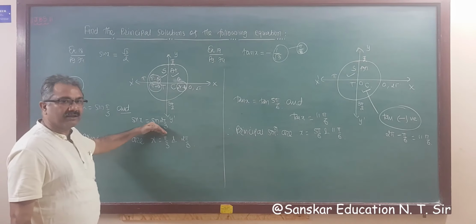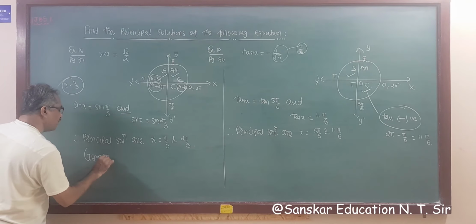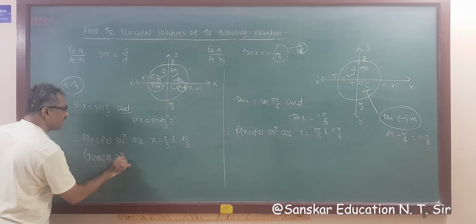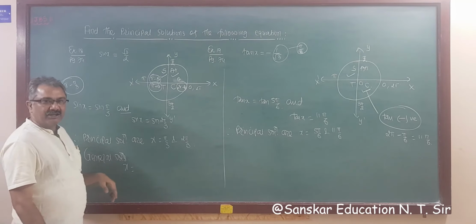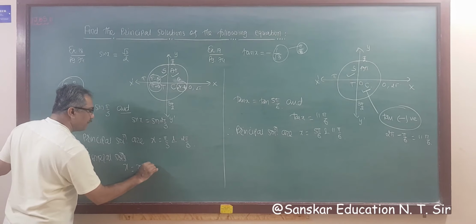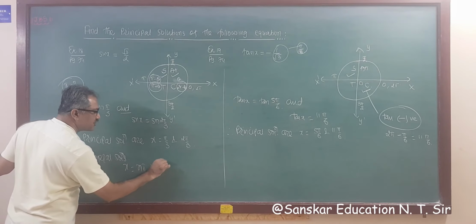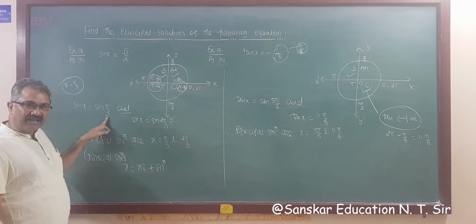No need to take the other value. So the general solution is x is equal to n pi plus minus 1 raised to n into y. So what is y? Pi by 3.